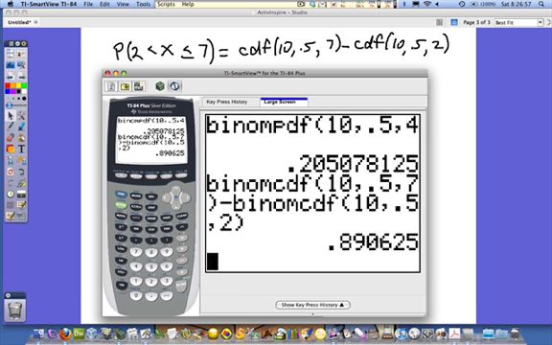Click enter, and there's our probability. The probability of getting between 3 and 7 successes is 89%. And that's how it works.